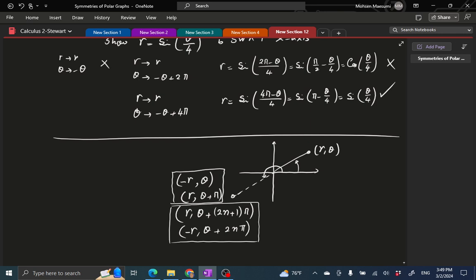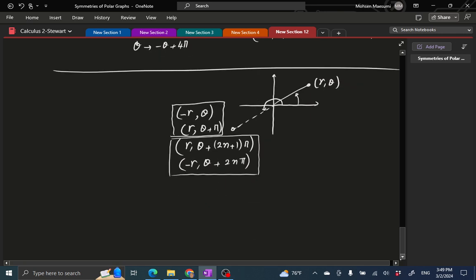Let's go ahead and test another example. Again, let's suppose I want to test r is equal to sine of theta over 2.